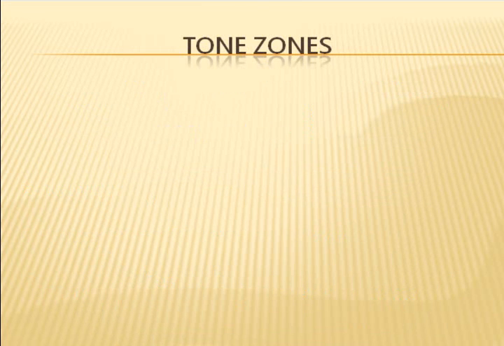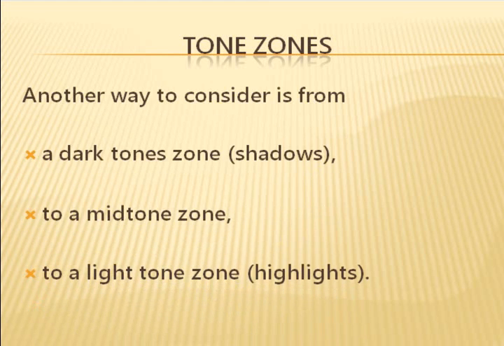Tone zones. I'm sure when you read tutorials you always hear about tones, and this is going to maybe help you understand tones a little bit better. Another way to consider the histogram is from a dark tones zone on the left, which is going to be your shadows, to a mid-tone zone in the middle of your histogram, to light tone zones, which are the highlights in your photos.